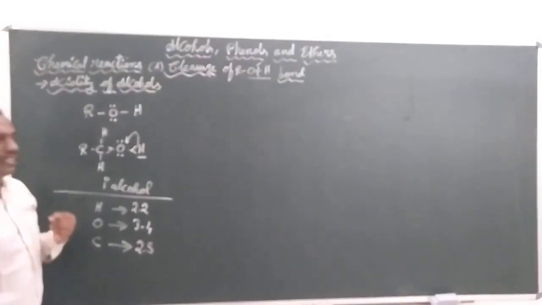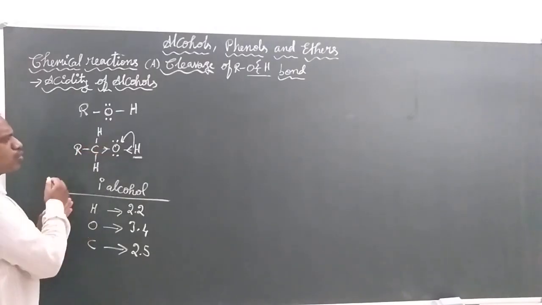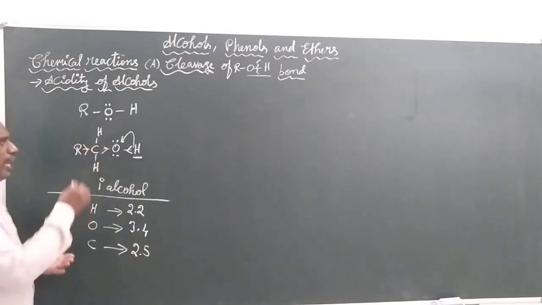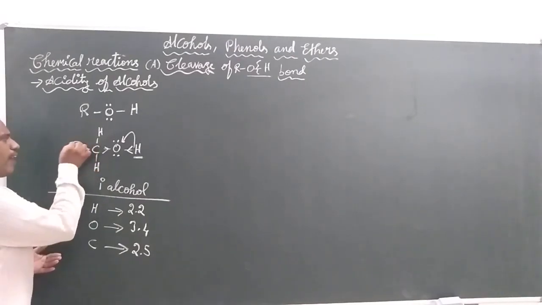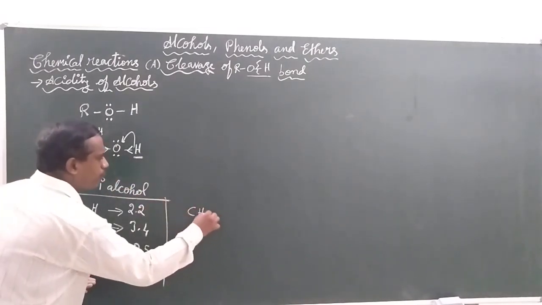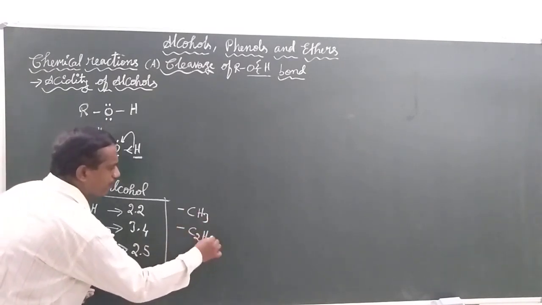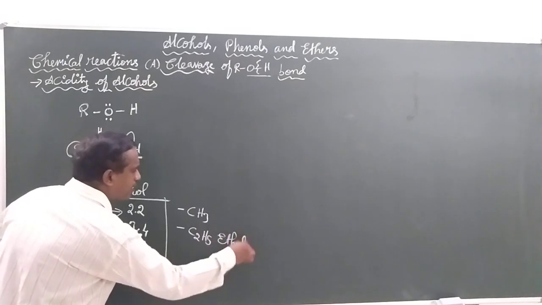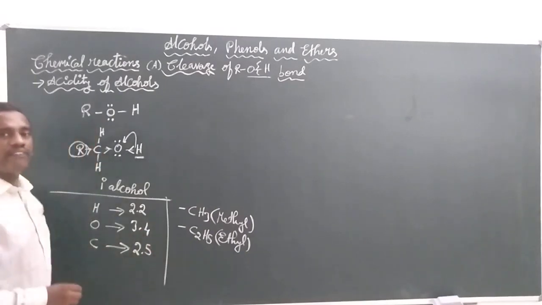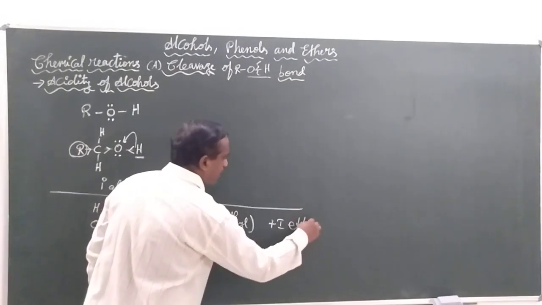But one notable thing is, when carbon loses electrons towards oxygen, there is another group of atoms bonded to carbon. If it is an ethyl group like C2H5, or a methyl group like CH3, we learned in our first year that these groups show a plus I effect.